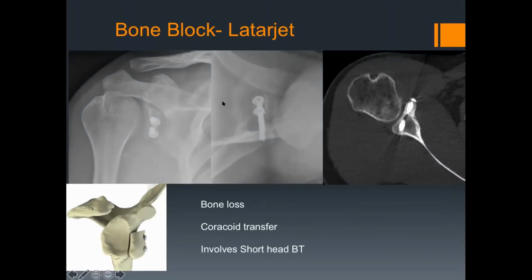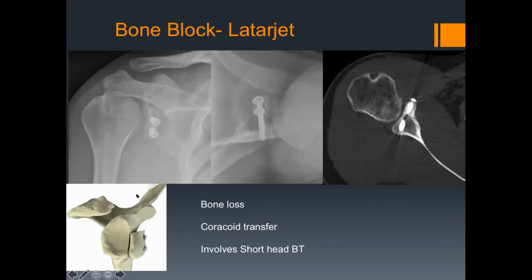Okay, so this is where you excise the coracoid process with the short head of biceps tendon still attached, and you graft this to the anteroinferior quadrant of the glenoid, and fix it with 2 screws to fill in that bone defect and stabilize the anteroinferior rim.